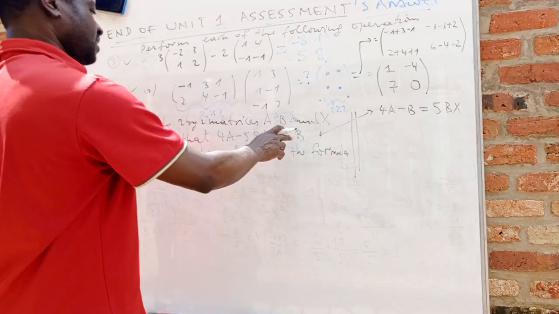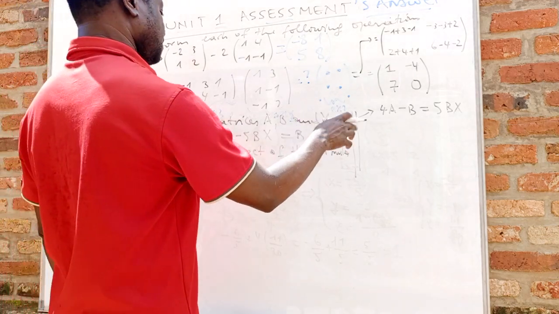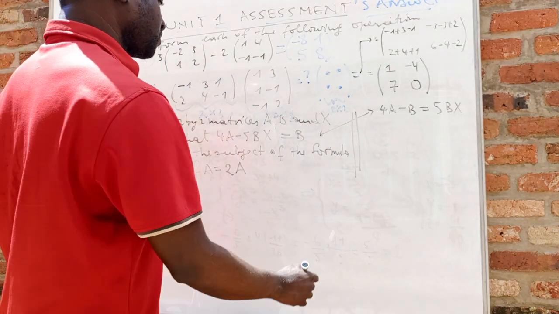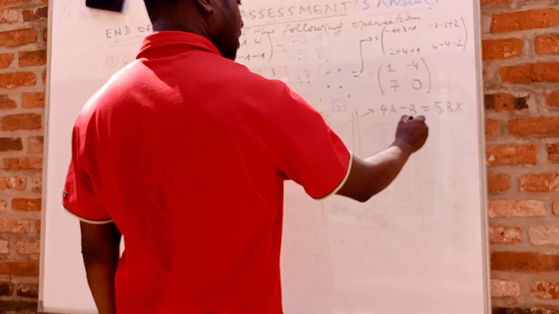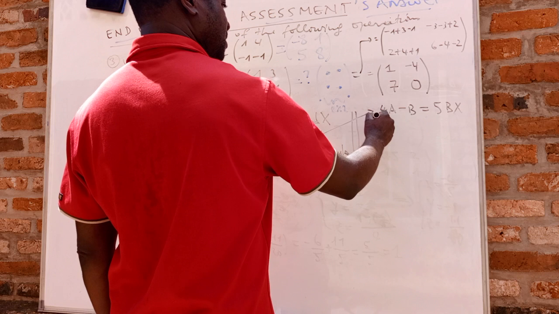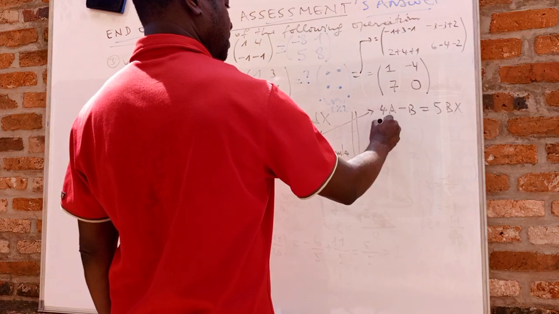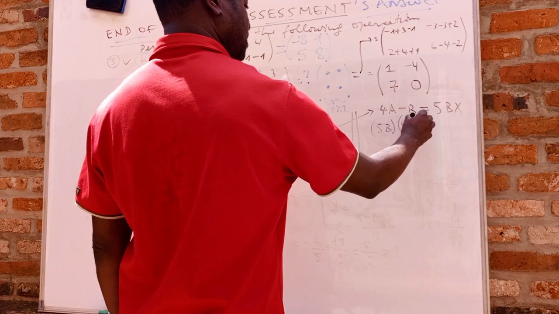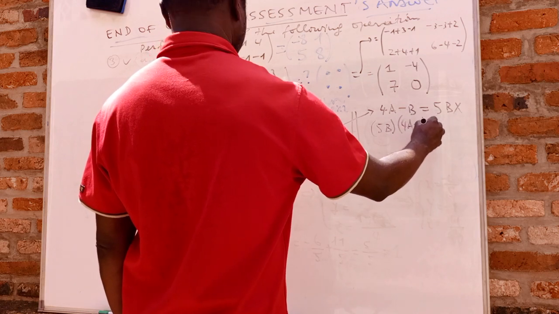Now we can add both sides. Next, what can we do? We can multiply both sides by the inverse of 5B.